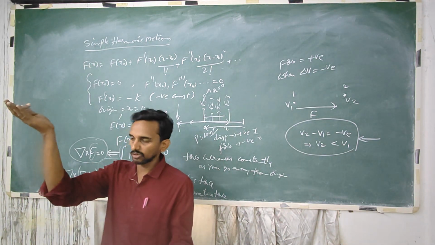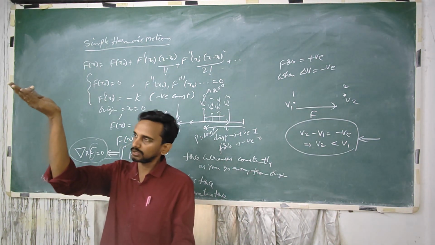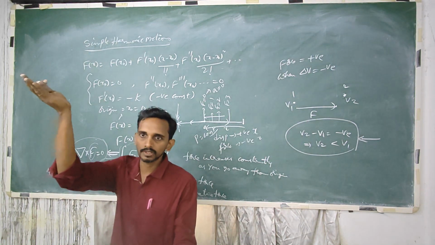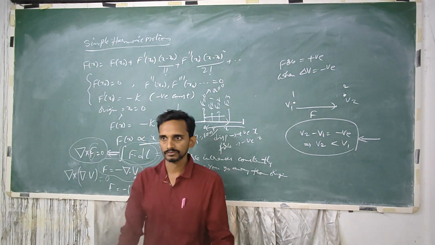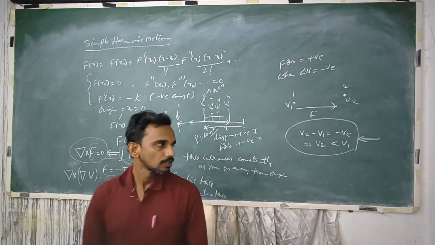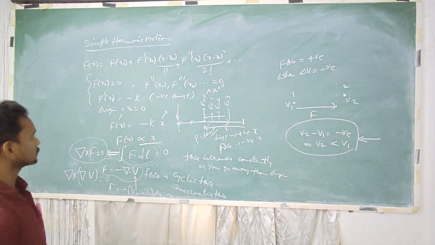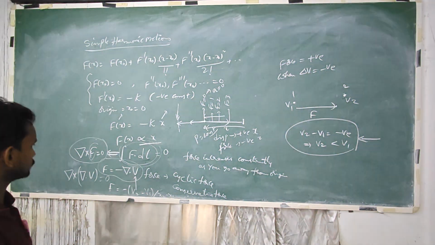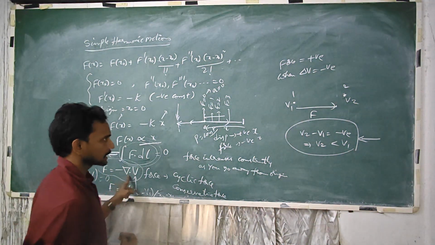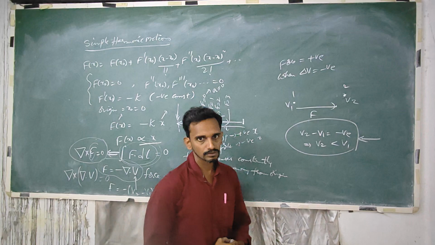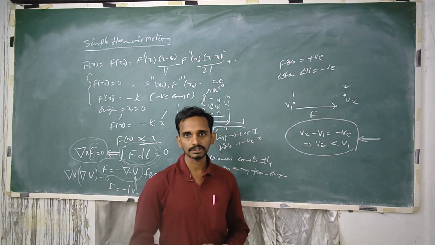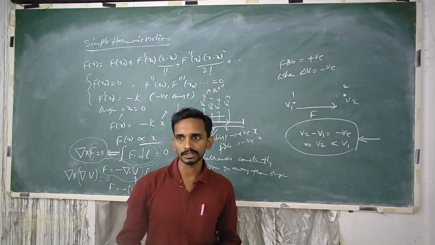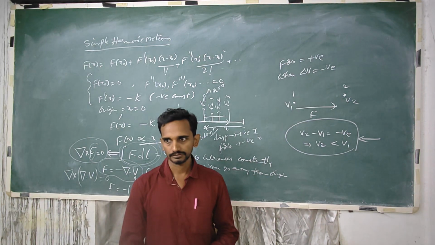Let's say even in waterfalls, the direction of force will be from high altitude to low altitude. So that is the fundamental thing that you have to understand at this point. The force is directed from high potential to low potential, so it is directed towards the negative gradient of potential.